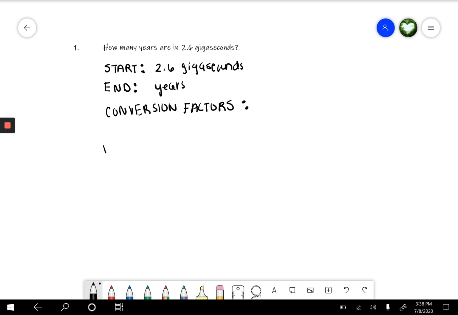We know that 1 second is equal to 10 to the negative 9th gigaseconds. We know that 1 minute is equal to 60 seconds. We also know that 1 hour is equal to 60 minutes.